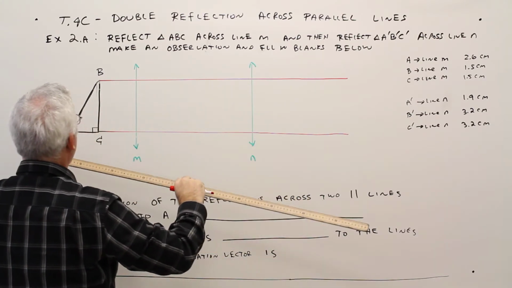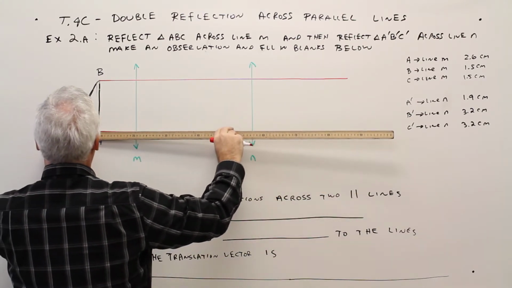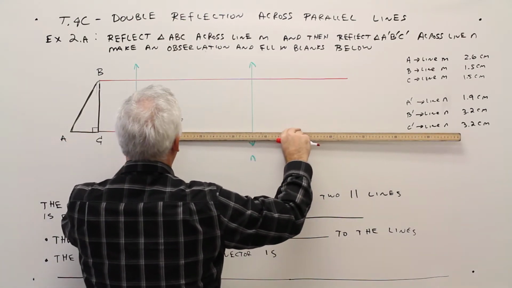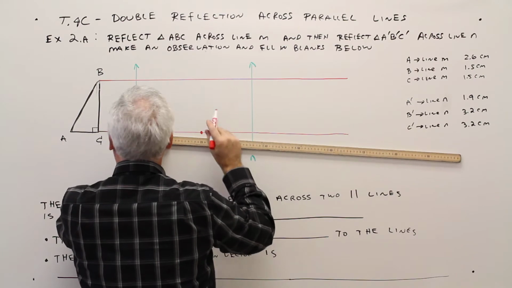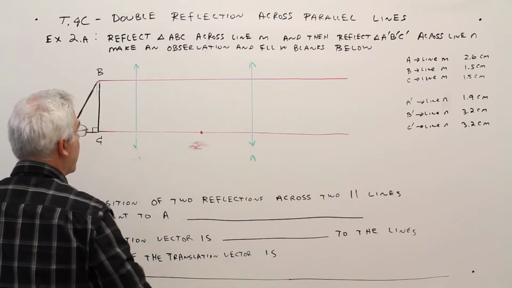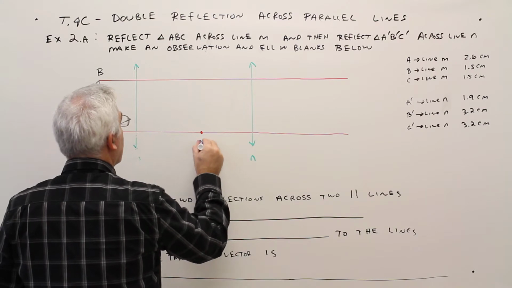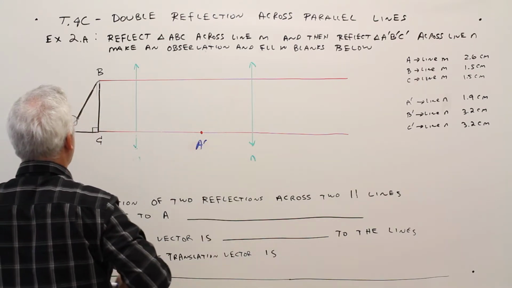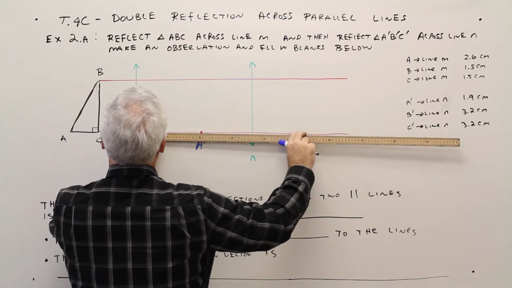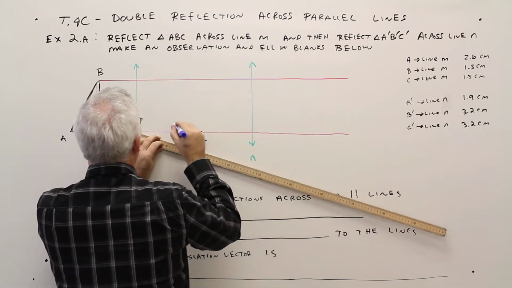Of course, mine are different. So for my A, it's 20.5. So I'll go right there, and I'll go in blue. That will be A prime. And then for this one, it's like a 12 there and a 12 there.